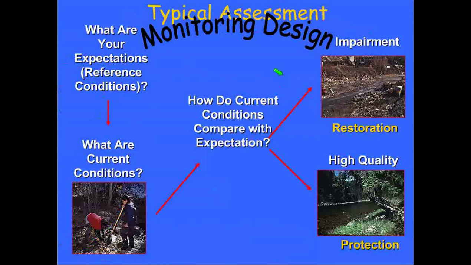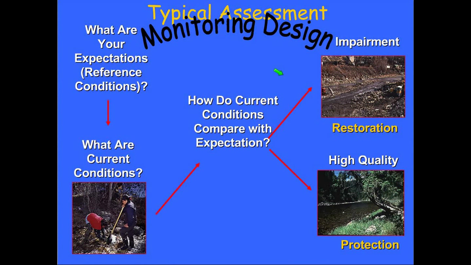All right. So I want to just take a second and step back a little bit and relate. I want you to find yourself in this process. This particular slide I'm showing you now isn't in your workbook. In the middle, the comment is, how do your current conditions compare with expectations?